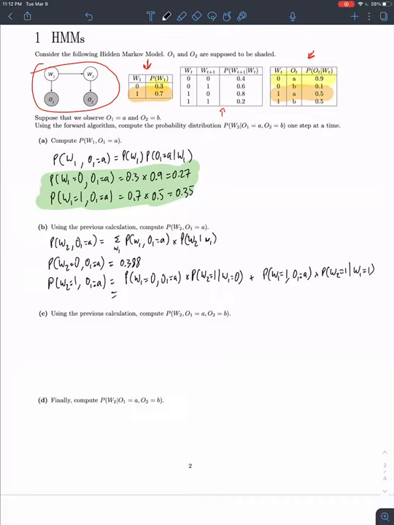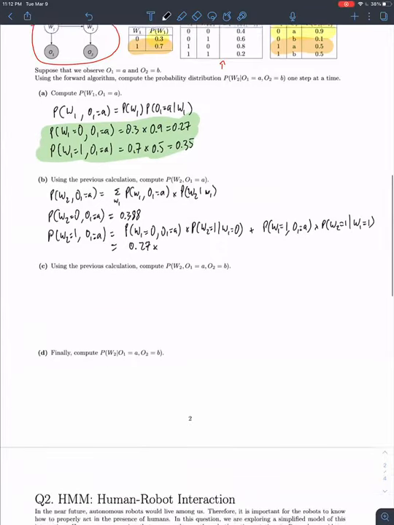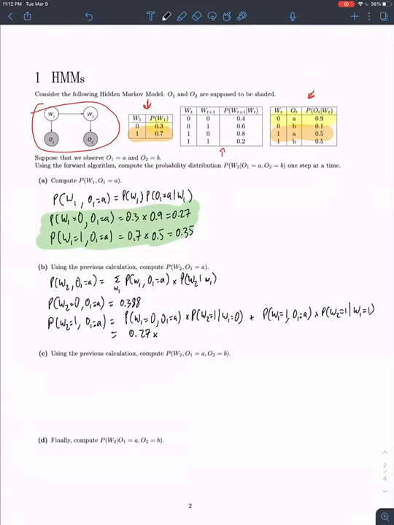Now, this first term, we can look it up from the green stuff, that's 0.27. Second term, W2 is 1 given W1 is 0. That's the second conditional probability table. This one right here, that's 0.6.